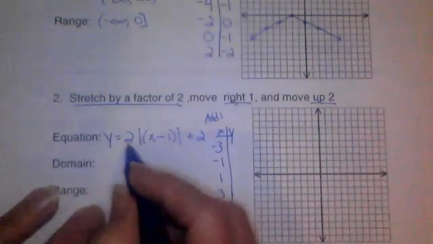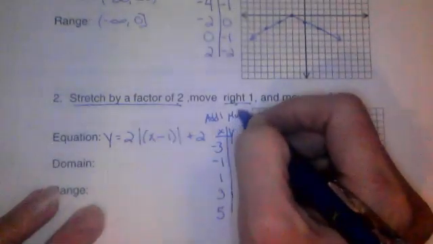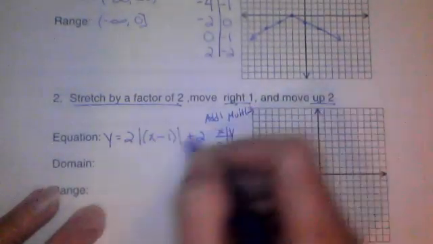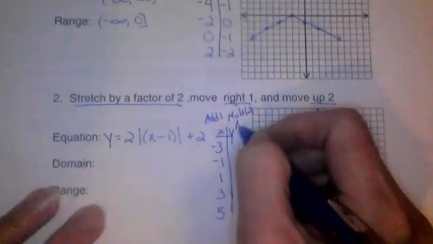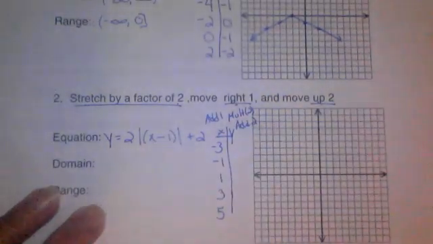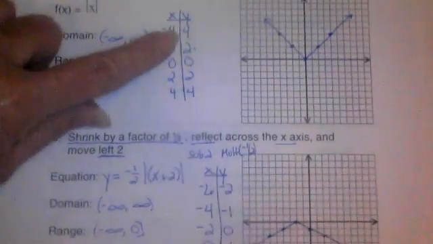Okay, then for the y's, we're supposed to multiply by 2, and then we're going to add 2. All right, so multiplying by 2 and adding 2.